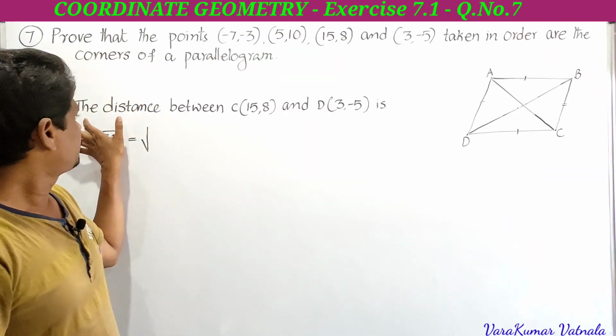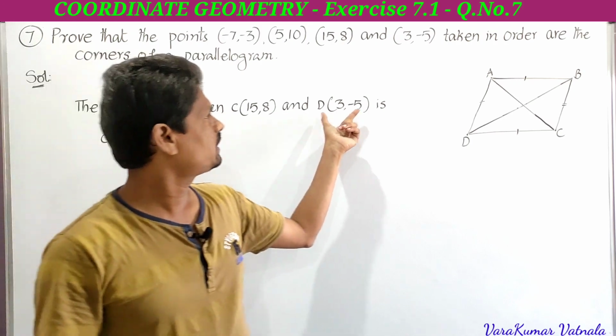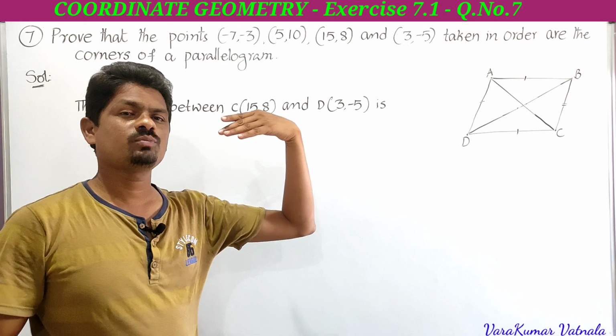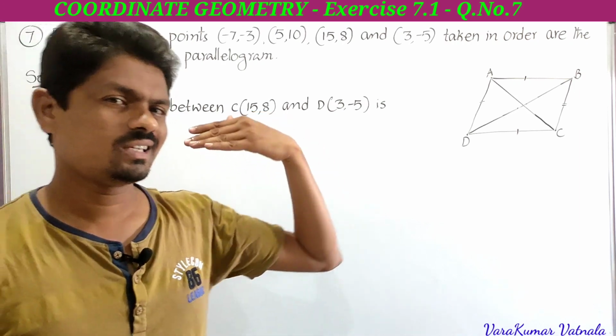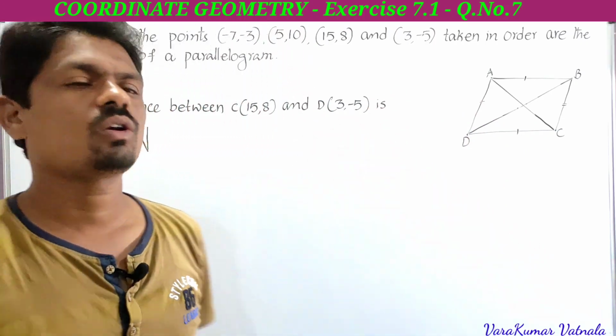Next, the distance between C (15, 8) and D (3, minus 5) is CD. Again we just have to substitute in the distance formula, square root of x2 minus x1 whole square plus y2 minus y1 whole square.